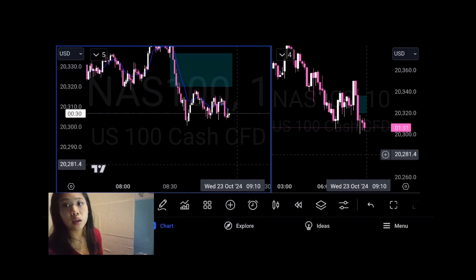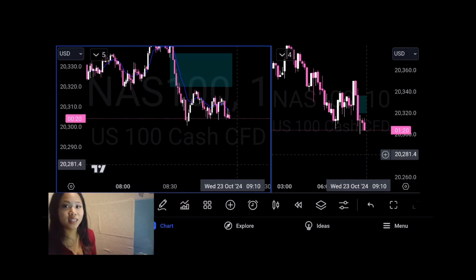Not only should I not enter a trade when I'm out and about, but I should also not enter a trade until I am in my space.